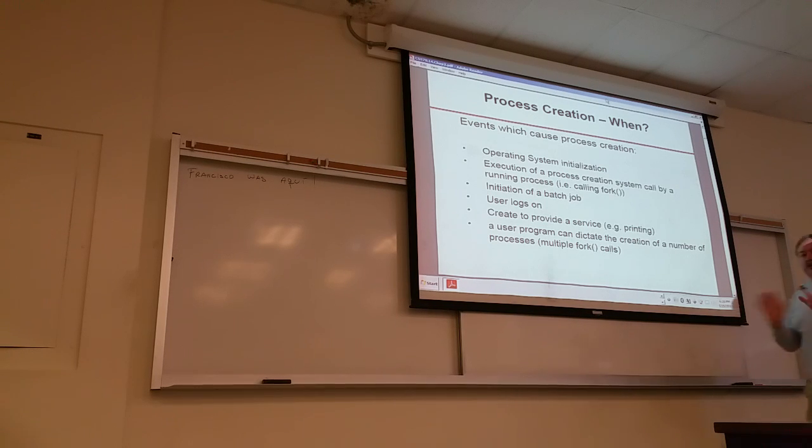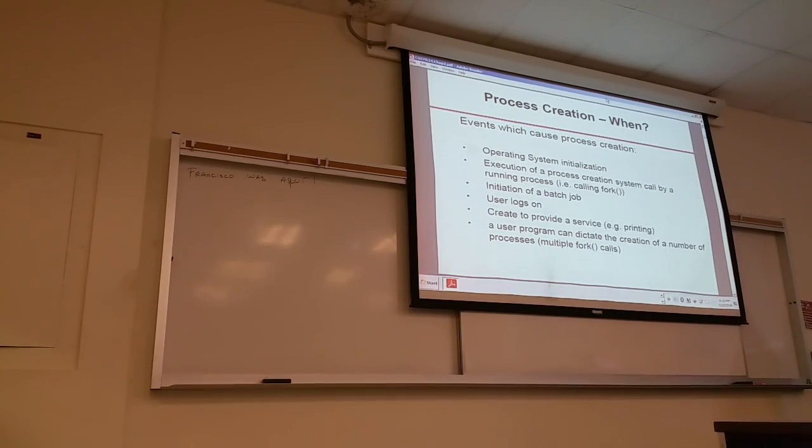Okay, so that's how we got into needing a copy of a program counter. So let's talk now about the life of a process. The first thing we're going to be concerned with is creating a process. It's kind of the first thing you want to do. These are the events that can cause a process to be created.